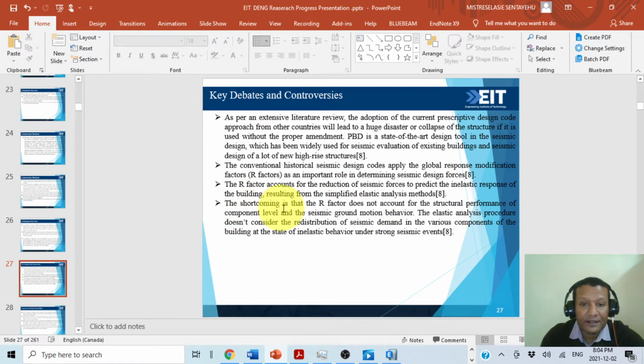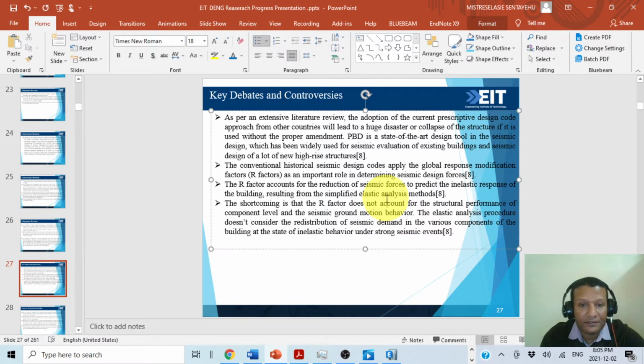The R factor accounts for the reduction of seismic force to predict the inelastic response of the building, resulting from the simplified elastic analysis method. Once we have the elastic response spectrum, then by dividing it by the R factor, it will decrease, because we cannot design for the elastic response spectrum, so it should be inelastic.